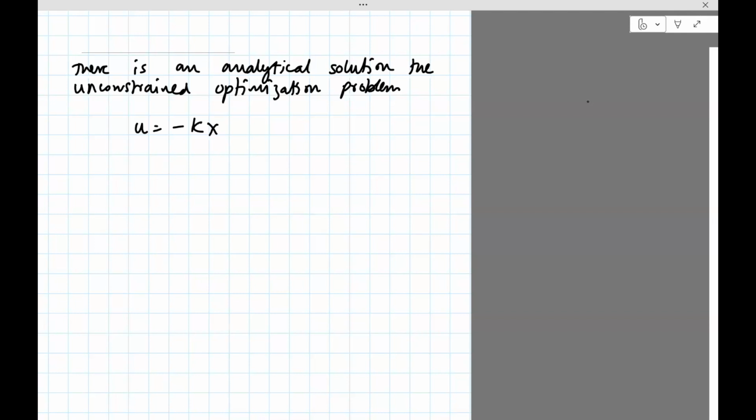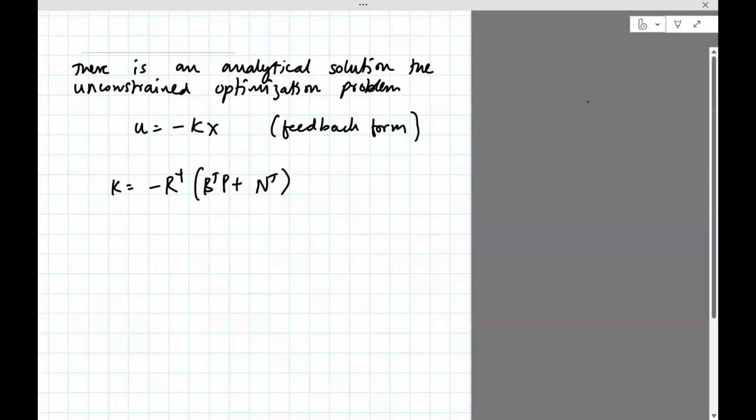It can be shown that it is of this form, a feedback form. It's like a PD controller, but really more than that. X is the state, so it could have position and velocities, so K is position gain, velocity gain. The solution is actually this. K, which is the unknown, is R inverse times B transpose P plus N transpose.